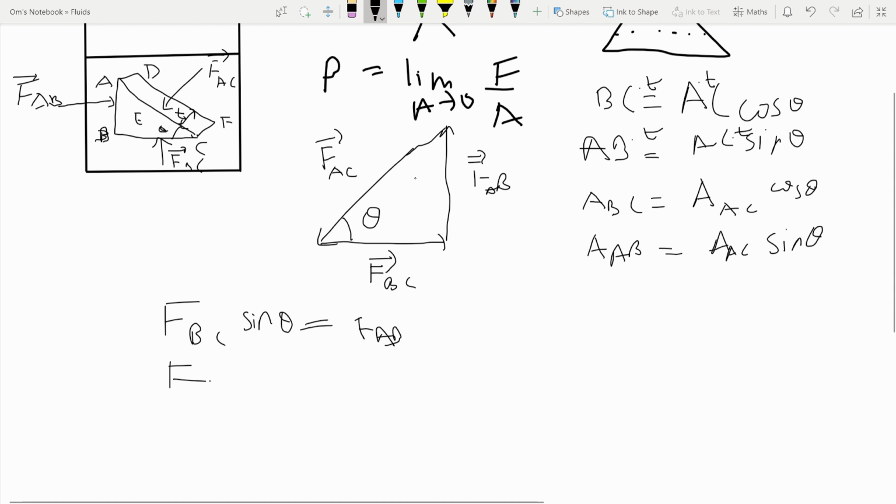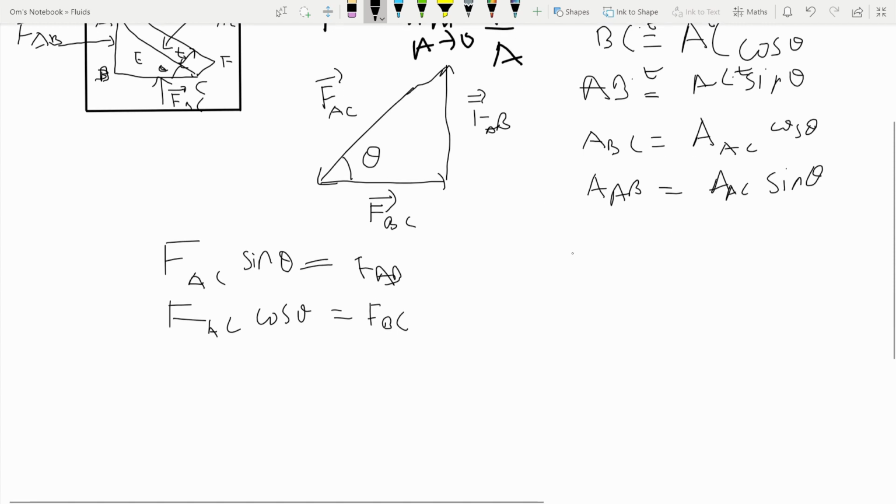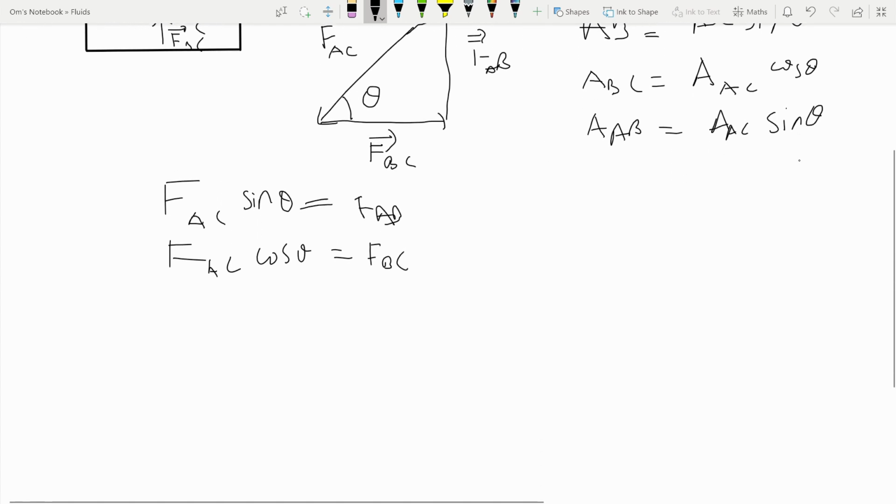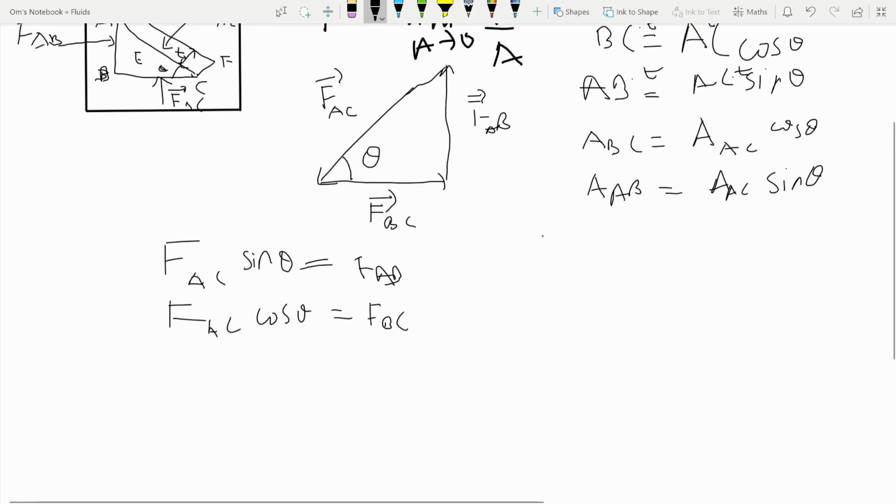So this is supposed to be FAC as well over here. My apologies. So FAC sin theta is equal to FAB. We're talking about the magnitudes over here. And FAC cos theta is equal to FBC.